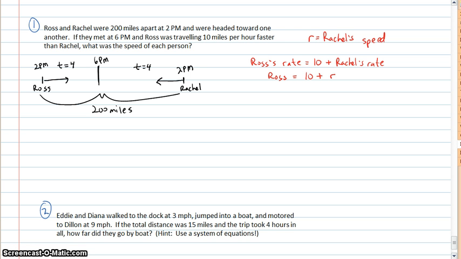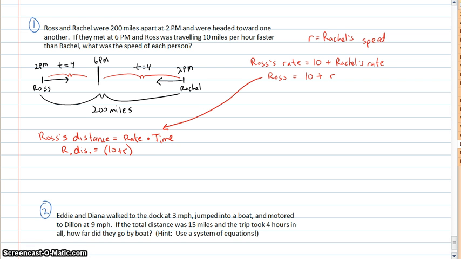We know that each of them travels some distance. Here's a distance and here's a distance. So Ross's distance equals his rate multiplied by time. Ross's distance equals his rate, which is 10 plus R, multiplied by the time, which is 4.